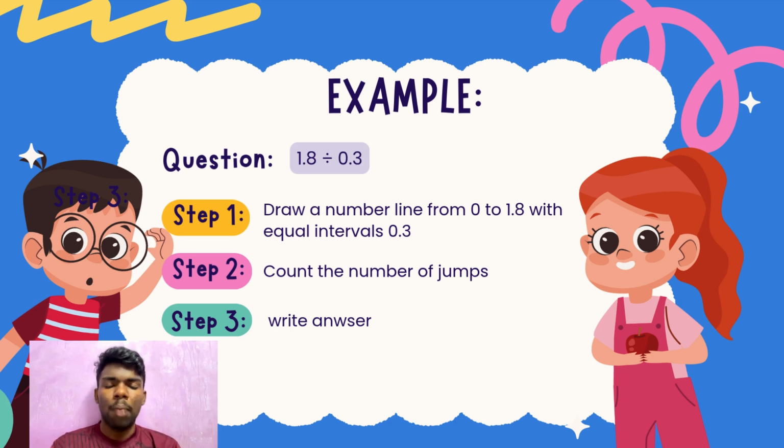There are 3 steps for solving number line division for decimals. Example question: 1.8 divided by 0.3. Draw a number line from 0 to 1.8 with equal intervals, which is 0.3. Count the number of jumps and write your answer.